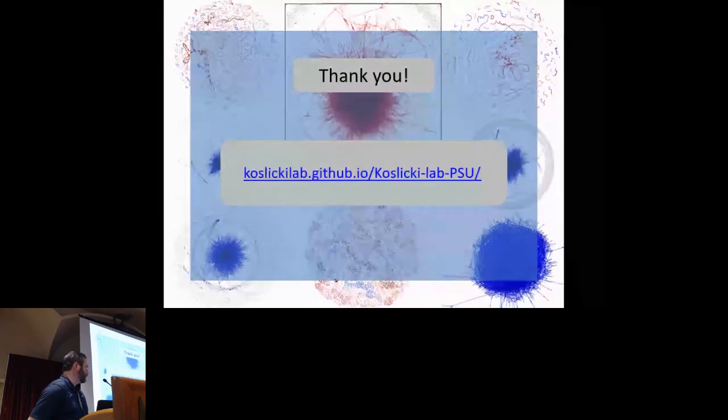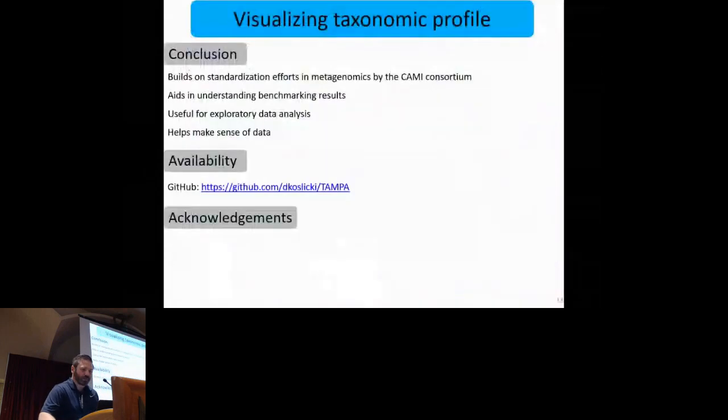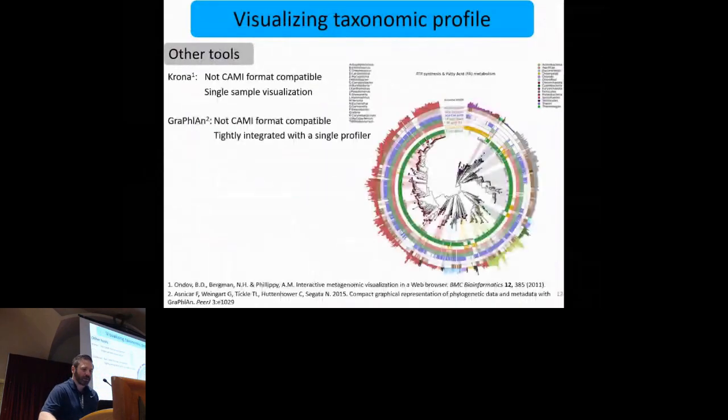I think the last there was a comment from Curtis Hottenhart. As a comment, Graphland isn't integrated with a single profiler. It can take any tabular data as input. Yes. So to clarify my comment here, the motivation behind my saying that it's tightly integrated with a single profiler is that I could find only one conversion script that would convert from that one profiler tool to the input.